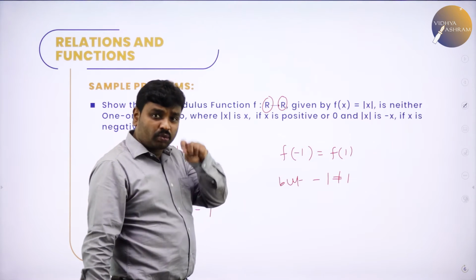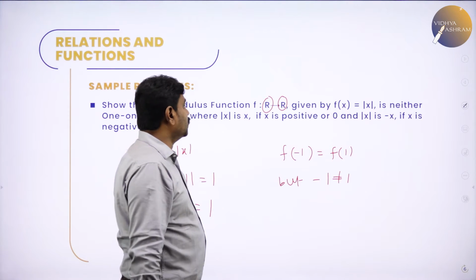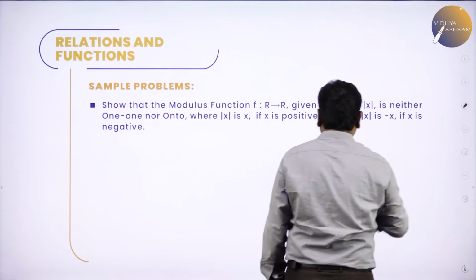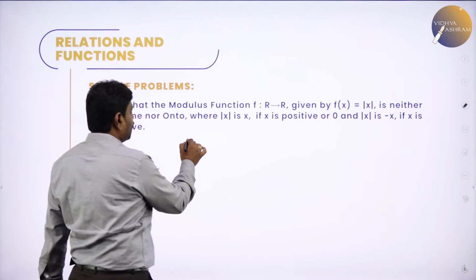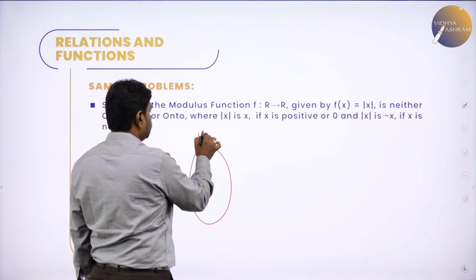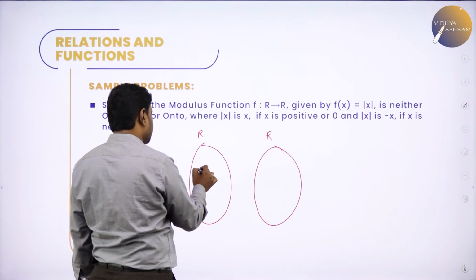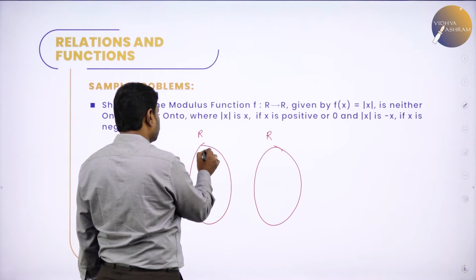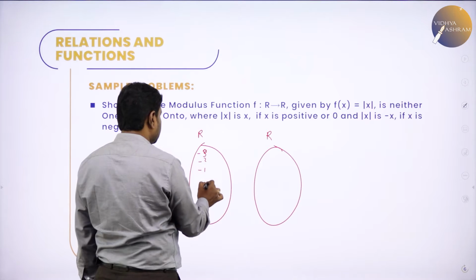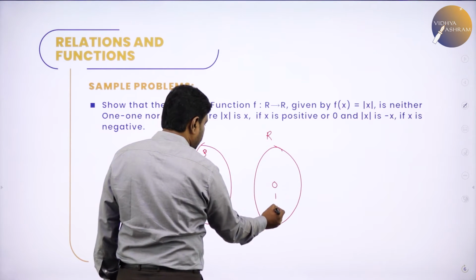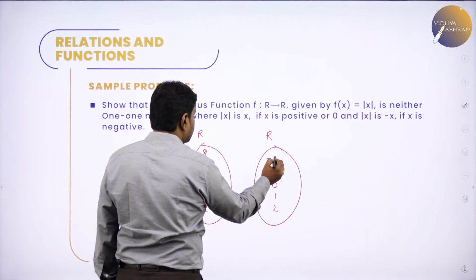Now it is neither one-one nor onto. You should also prove it is not onto. How to prove not onto? Simple. See, f maps from R to R, all real numbers. I will take simple numbers: minus 1, 2, minus 3, and so on, 0, 1, 2, minus 1, minus 2, and so on.